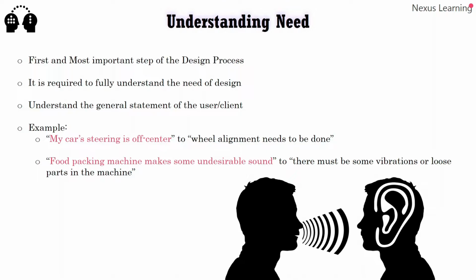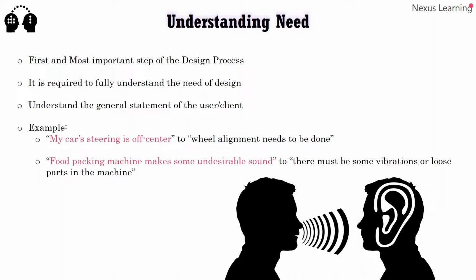Now, understanding the need. The first and most important step of the design process is to understand the need. We have to fully understand what is the need of the design. You have to understand what the user, the client, the customer is asking for.